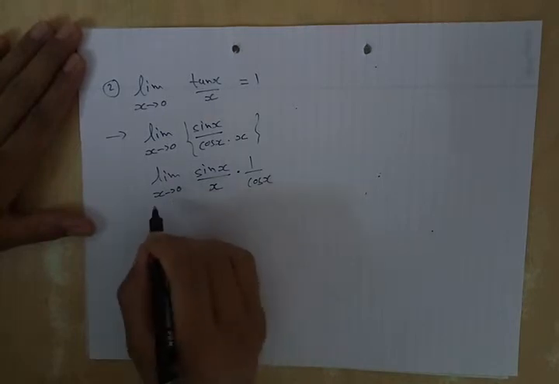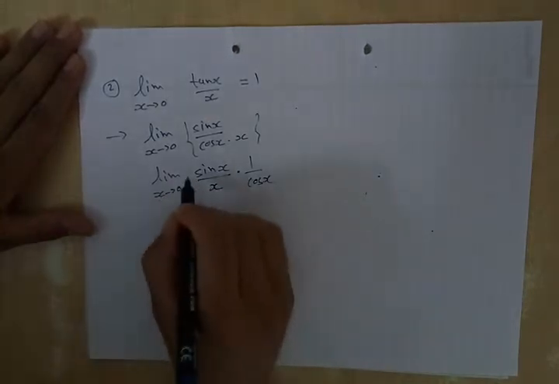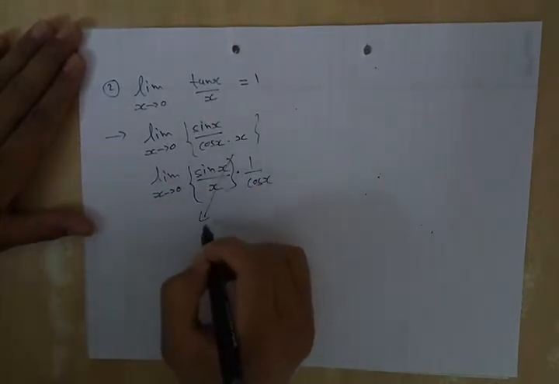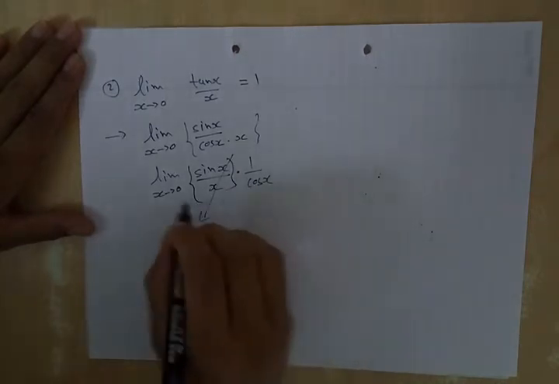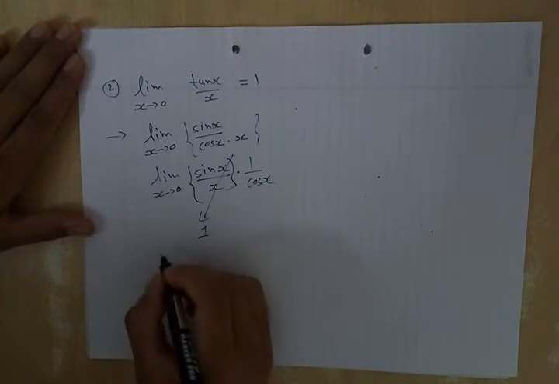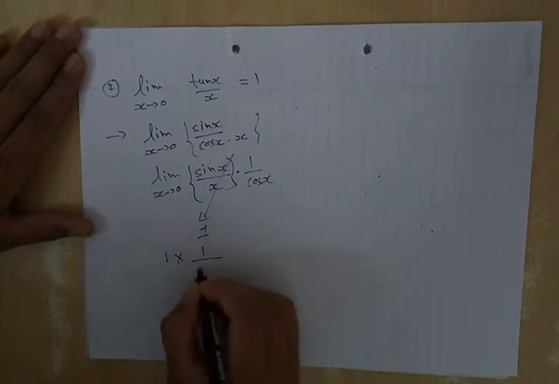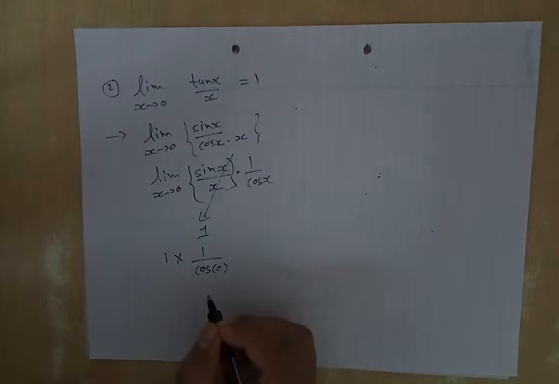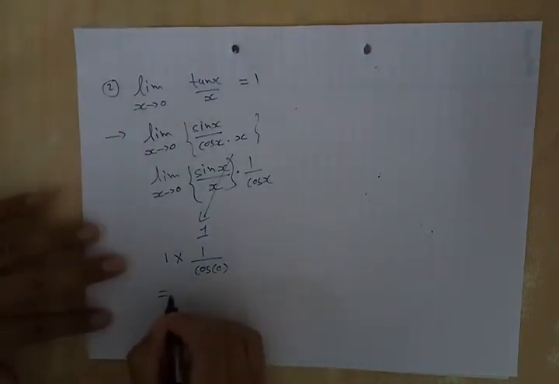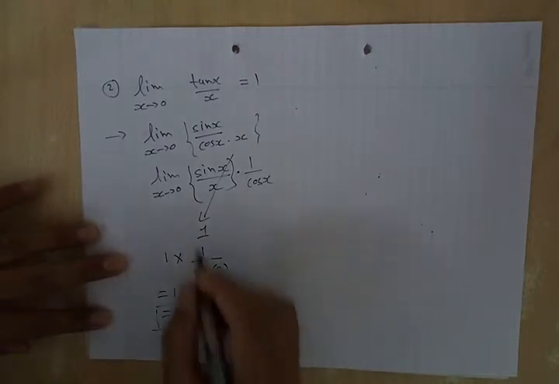Now as x approaches 0, sine x upon x will approach 1, and cos x is a continuous function, so we can directly put x is equal to 0 here. So it would be 1 times 1 upon cos 0. The value of cos 0 is equal to 1. So we will get 1 times 1 is equal to 1. So this will be our answer.